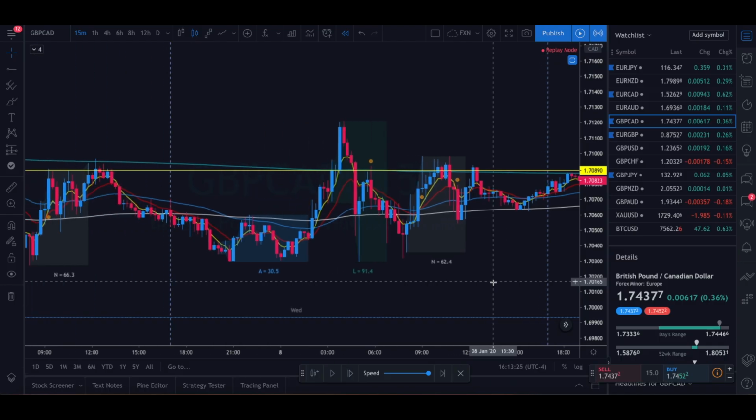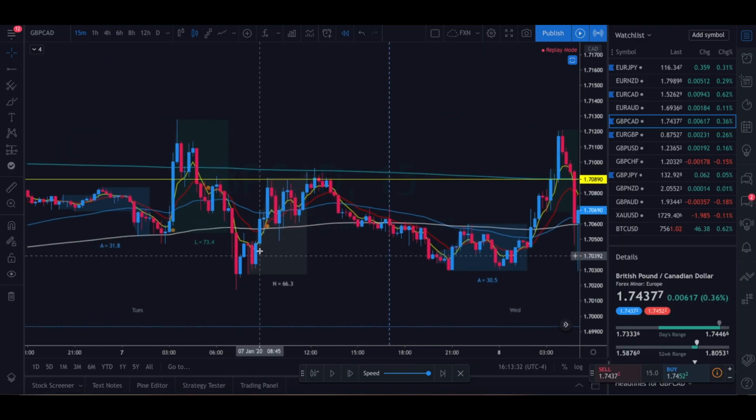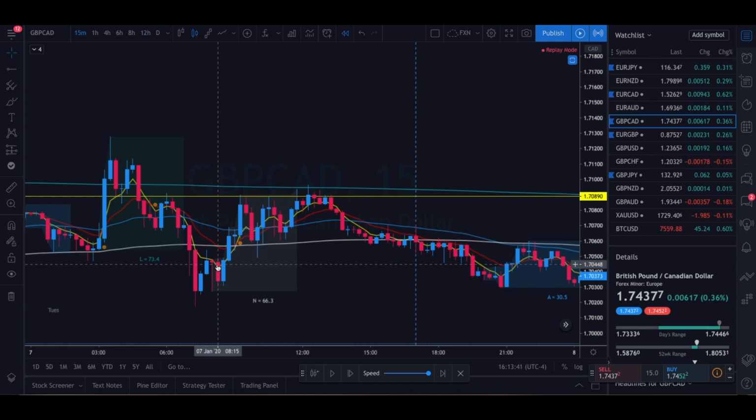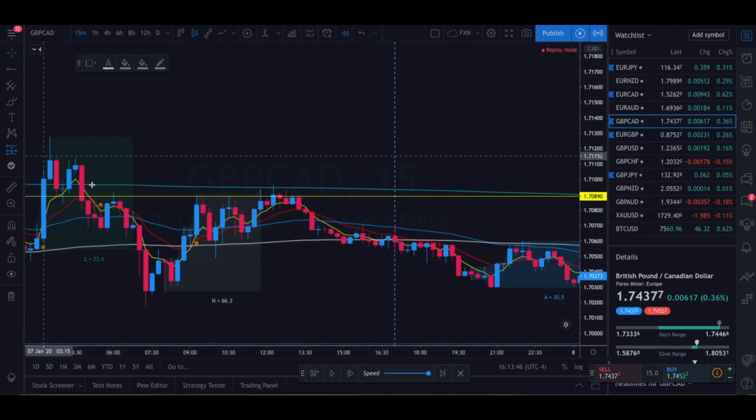And can you get the right pattern and timing at the right place? Right? So this may be a pattern here of a W, right? But does it make sense to actually trade it because you have so much separation here between the 5 and the 13 that really your entry would be something like this.